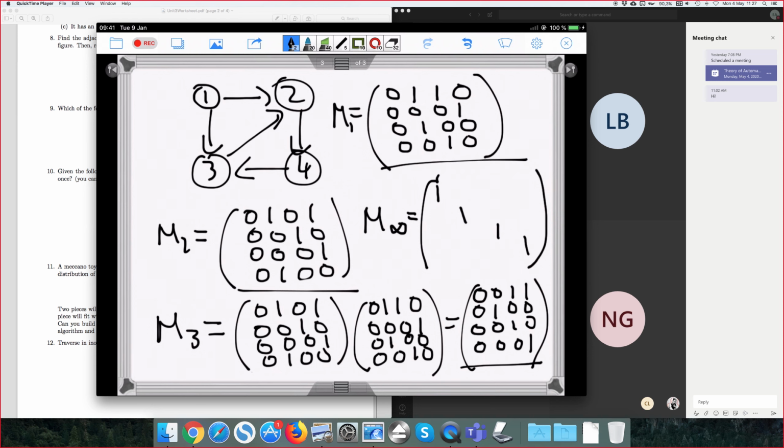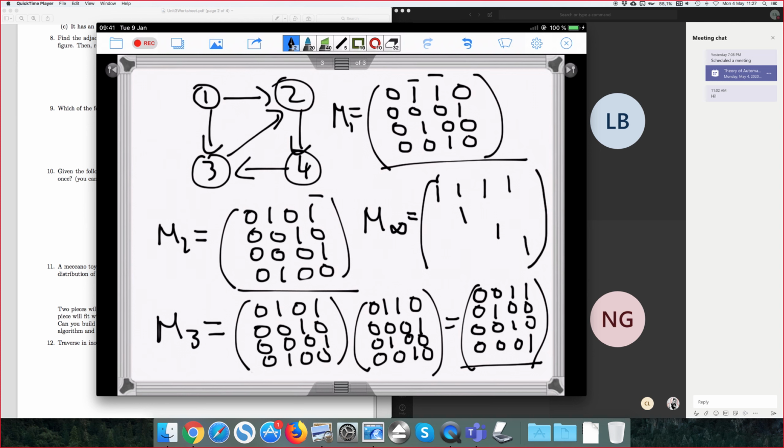Because I'm computing the Boolean addition, if there is a 1 in at least one of the positions, there will be a 1 in the final matrix. So here I obtain 1 because, for instance, this is 1, here 1 because of this 1, here 1 because of that 1.